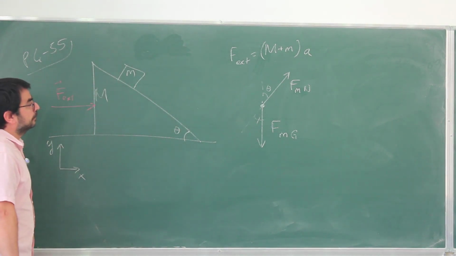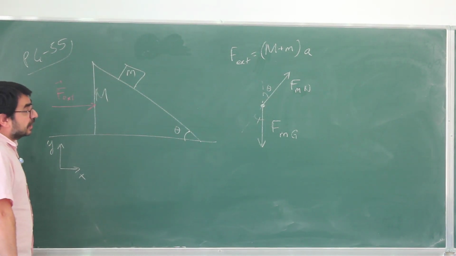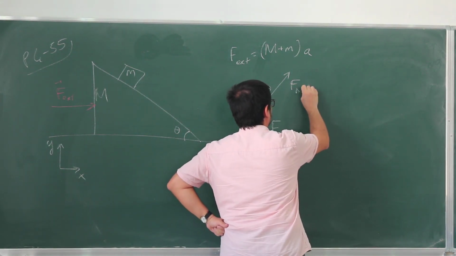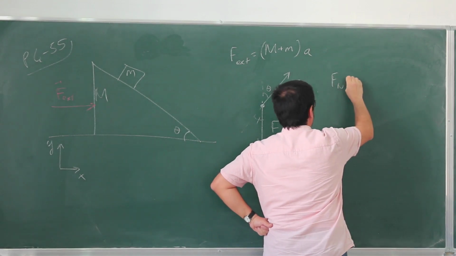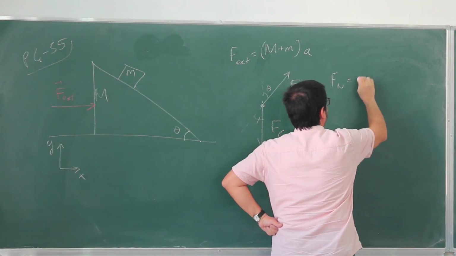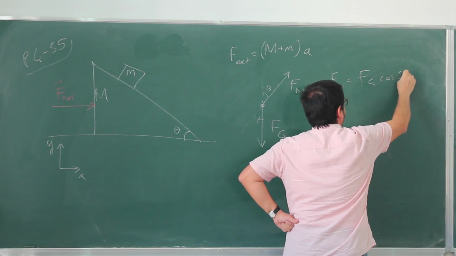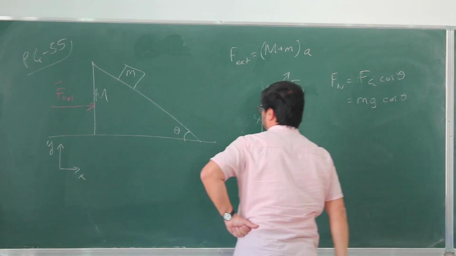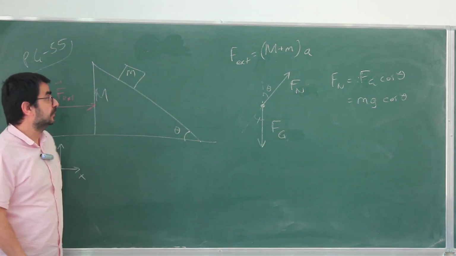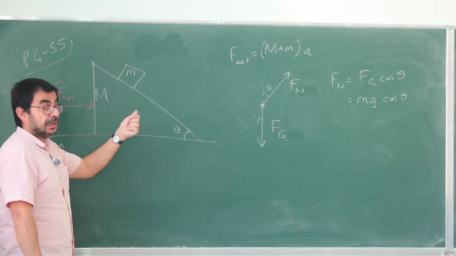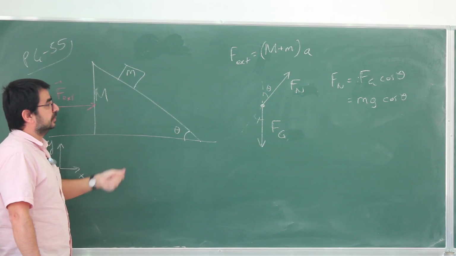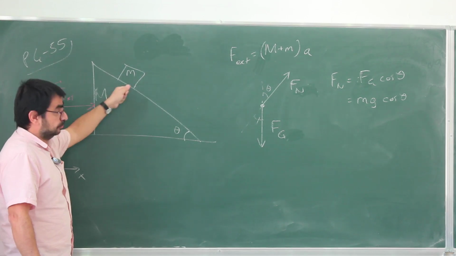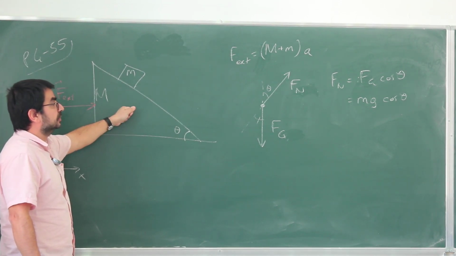Now, how do we proceed here? Can we write, for example, Fn is equal to Fg cosine theta? It is mg cosine theta. Can we do this? Now, what would happen if that was the case? We always say that the job of the normal force is to stop an object penetrating into a surface. It just keeps it at the surface.